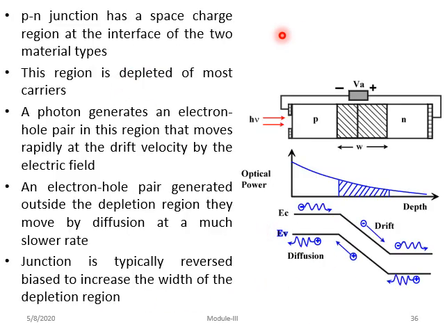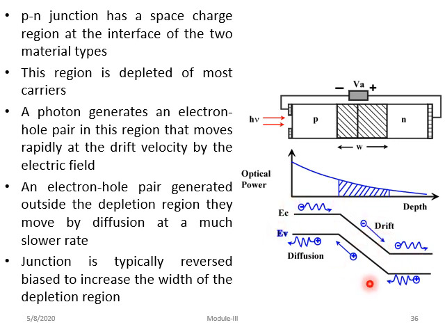So the PN junction has a space charge region, where two material types are used. This region is depleted of most of the carriers. The two regions are depleted, any type of carrier is depleted. So a photon generates an electron-hole pair in this region that moves rapidly at drift velocity under the electric field. So there will be drift, recombination will take place, and drift will go from one layer to the other layer.